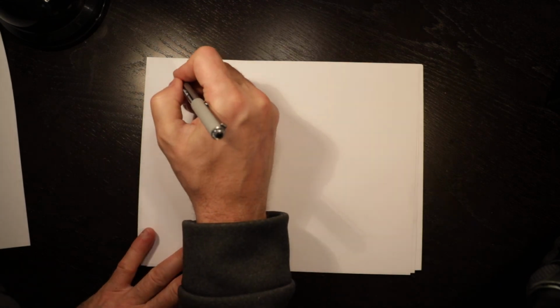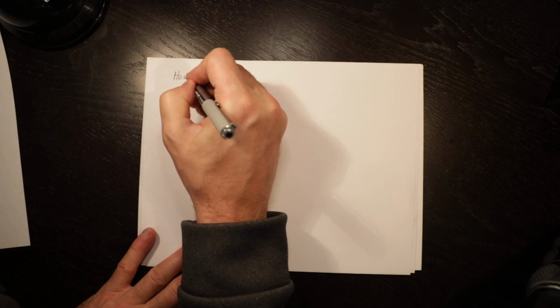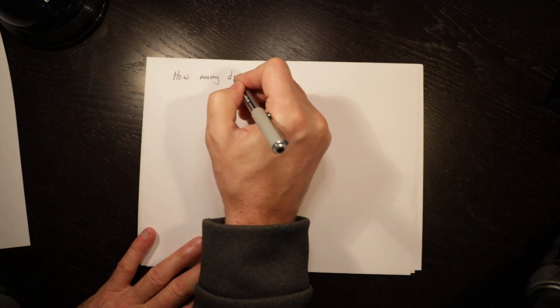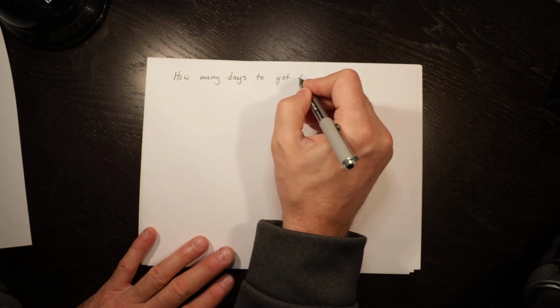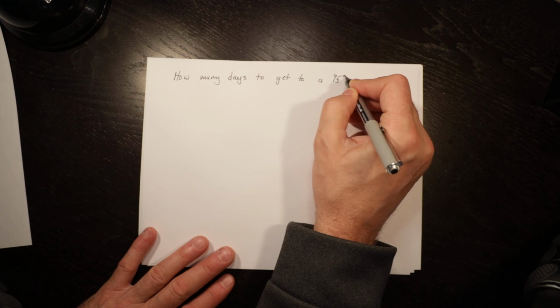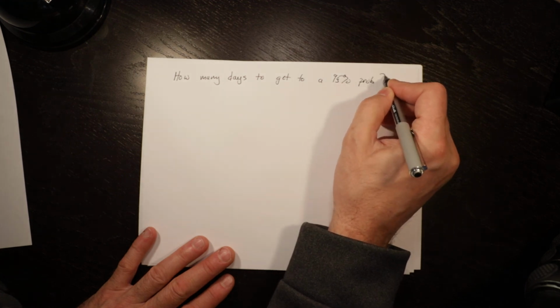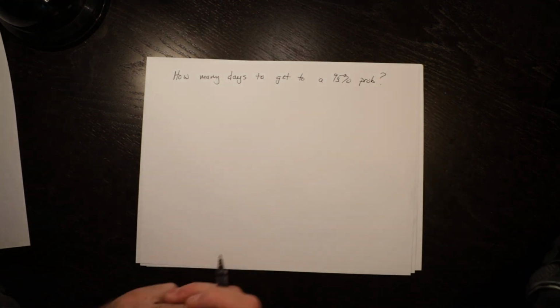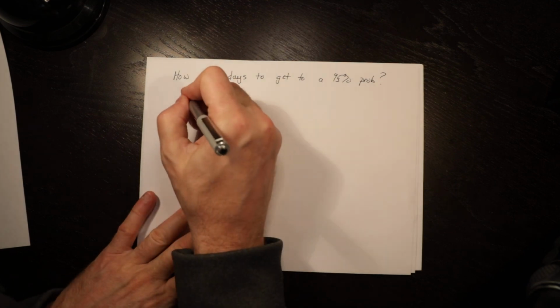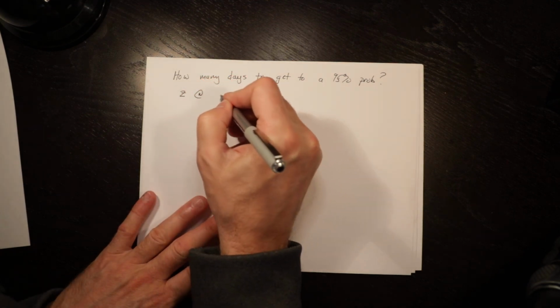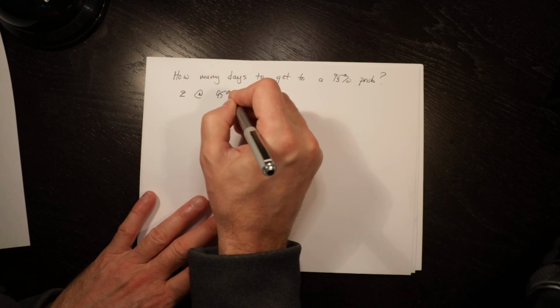The last question we got here was how many days to get to a 95% probability. In this case, all we're doing is testing your knowledge of the formula. What we want to do is figure out what Z is at 95%.